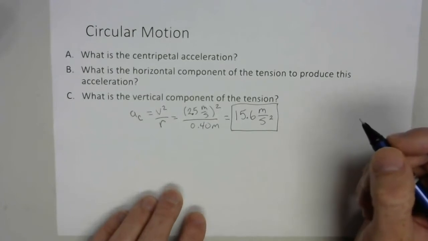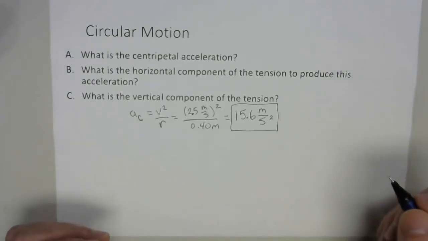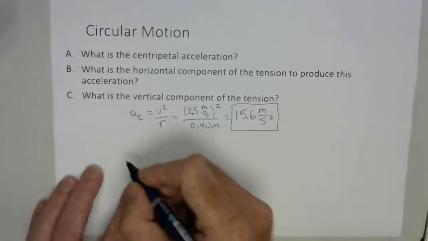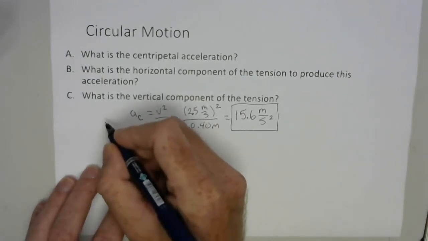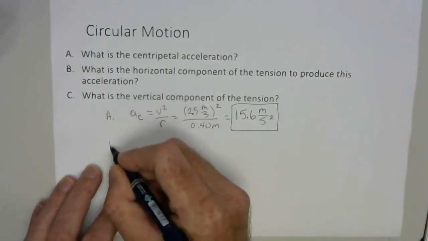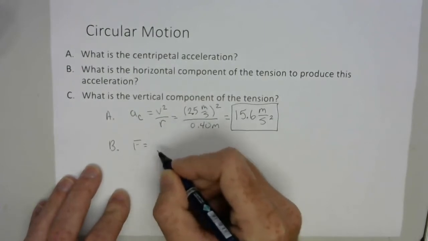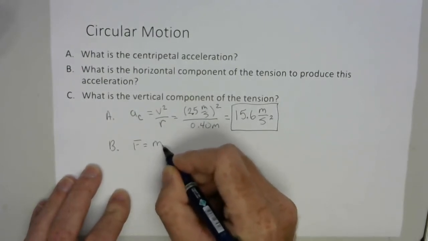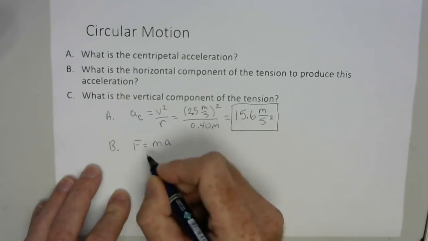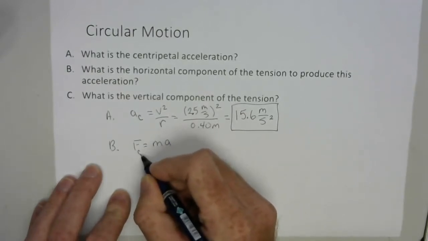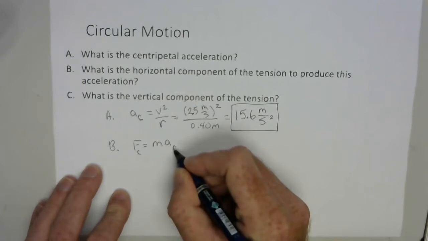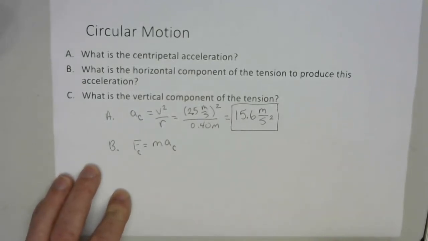Now, the tension force will be the force due to the rotation. And so Newton's second law says F equals ma. In this case, it's the centripetal force and the centripetal acceleration.